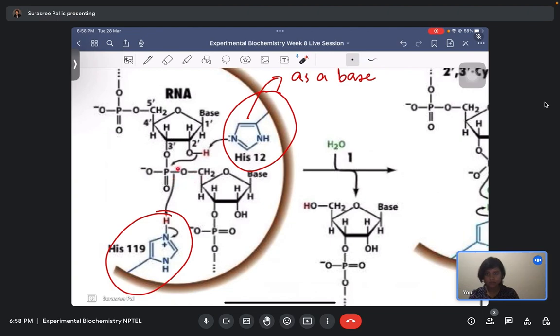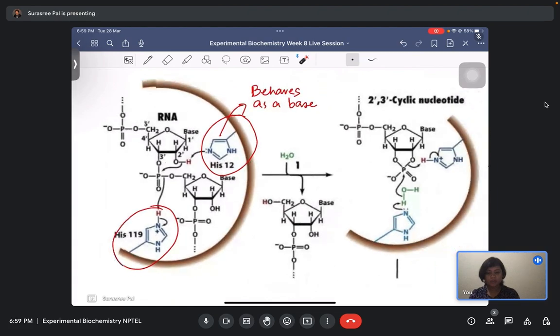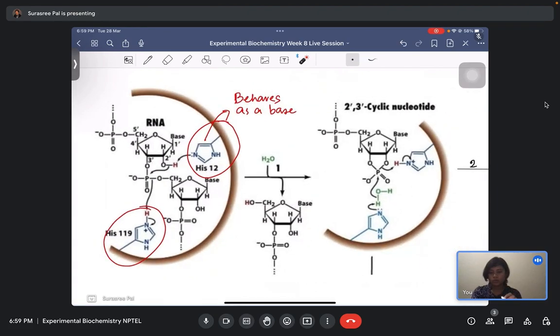This phosphoester linkage breaks, and then it interacts with the hydrogen of histidine 119 in the active site. So then what happens? This bond is broken.